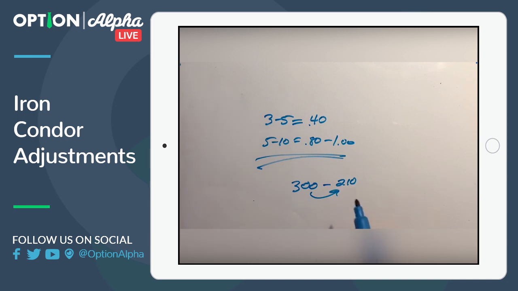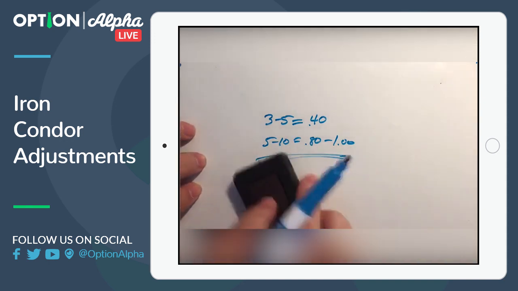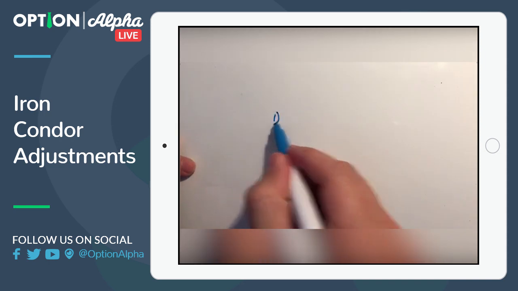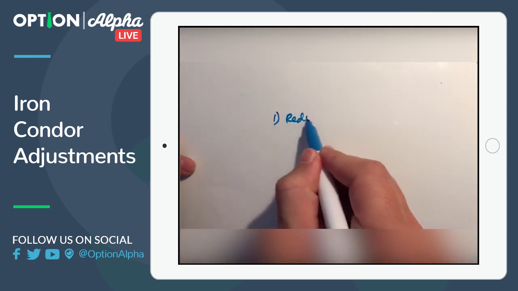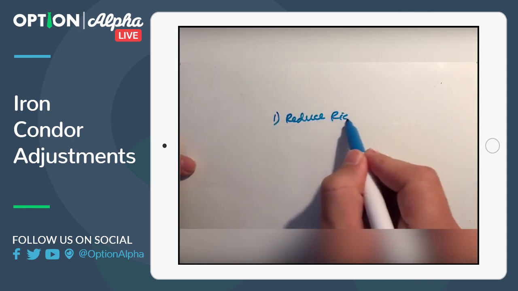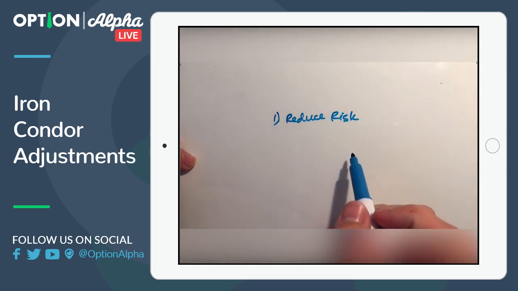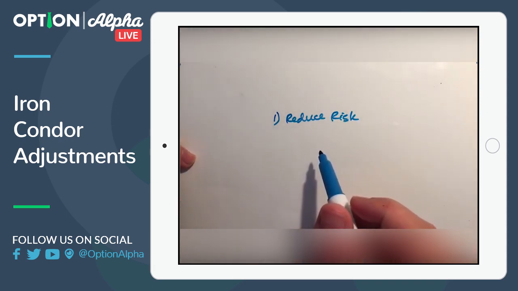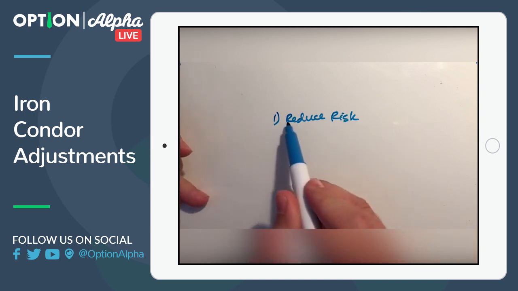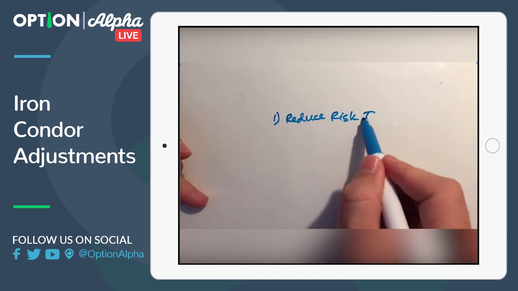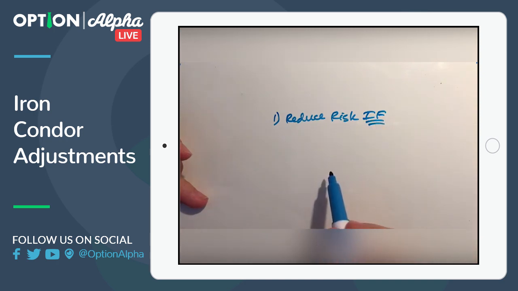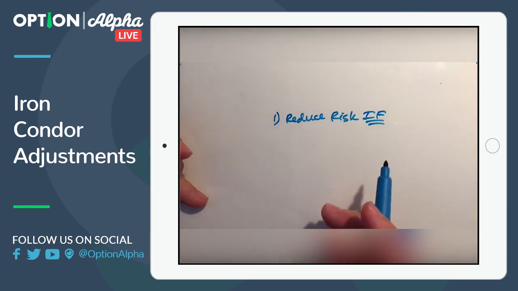So especially with these iron condor adjustments, the whole idea in this process, number one, is to reduce risk. I think a lot of people get this really confused because they think adjustments are there to pad your credit, and credit is just a way to reduce risk. So you want to reduce risk if the market continues to move the direction that you don't want it to go, which is considerably higher or considerably lower.